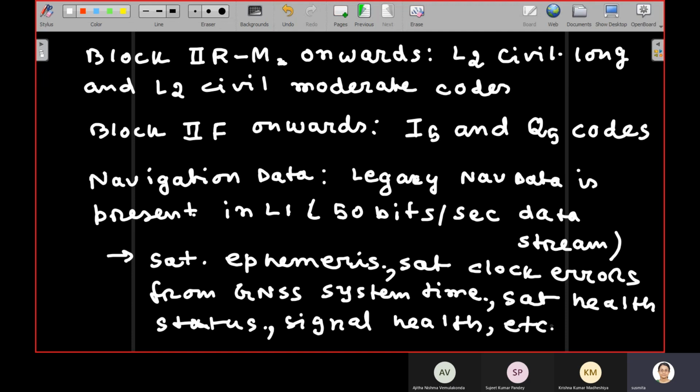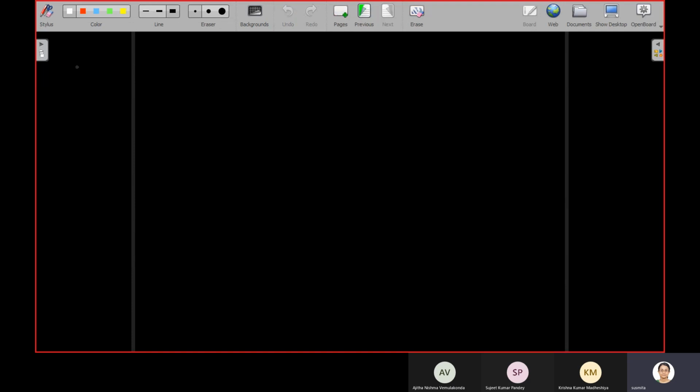So legacy navigation data is for L1 carrier frequency, then it is present from the first satellite on, from the beginning itself.